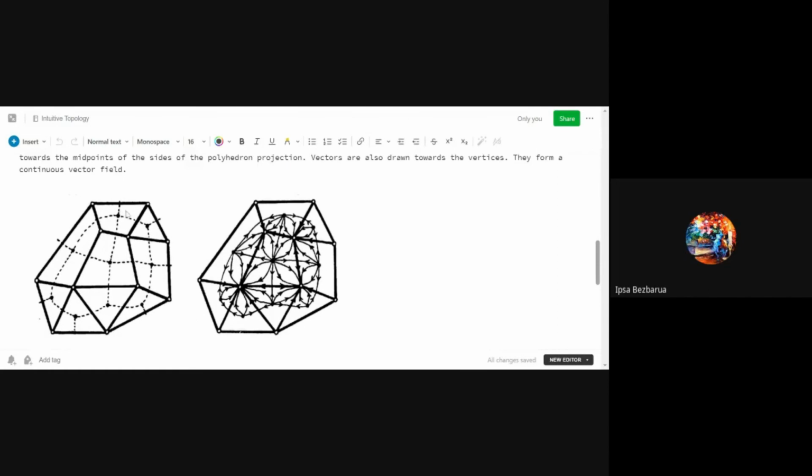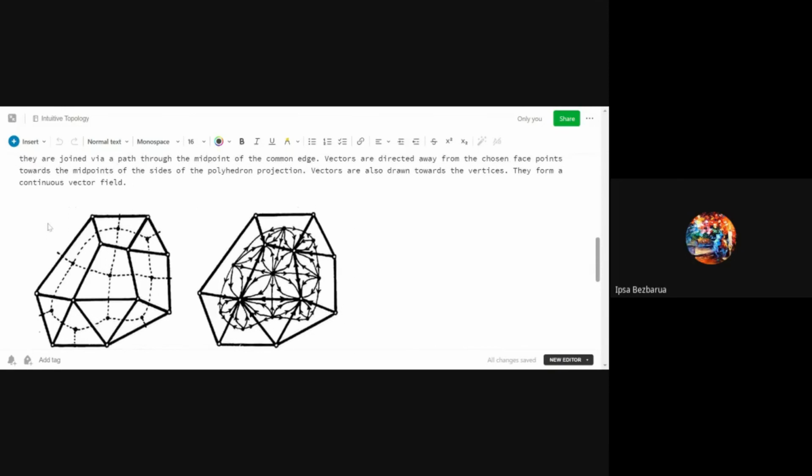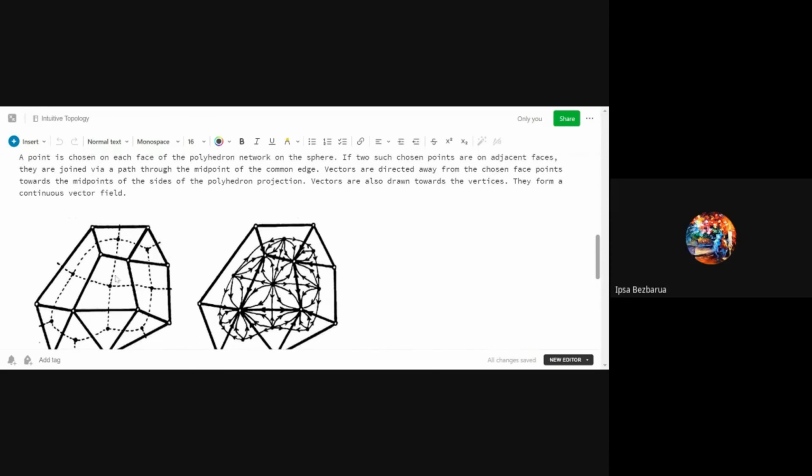So he's just showing it with reference to the original polyhedron itself. But when I'm choosing these points, I'm choosing them on the sphere. This is for diagram purposes only. I'm choosing a point on each face of the polyhedron, not necessarily the midpoint, even though it looks like it's the midpoint.